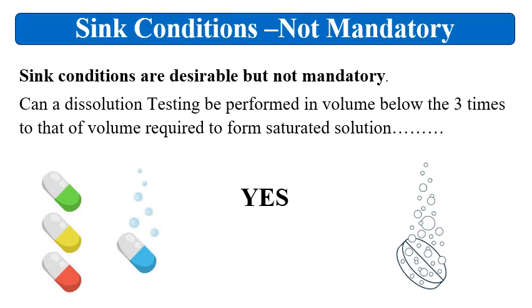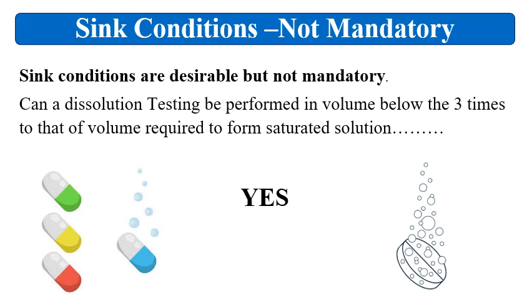As the sink conditions are achieved when there is a media volume which is more than 3 times the saturation volume, or if the media volume is able to dissolve 3 times the dose, then it is called sink condition.